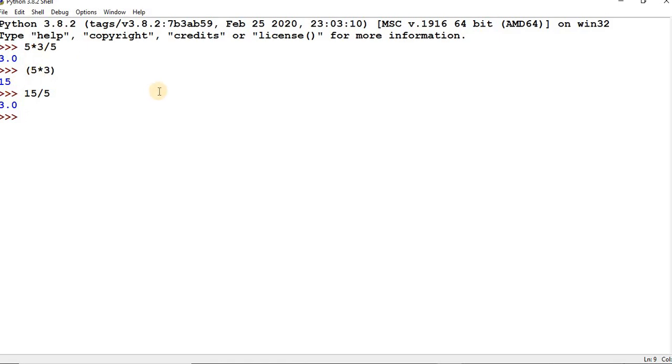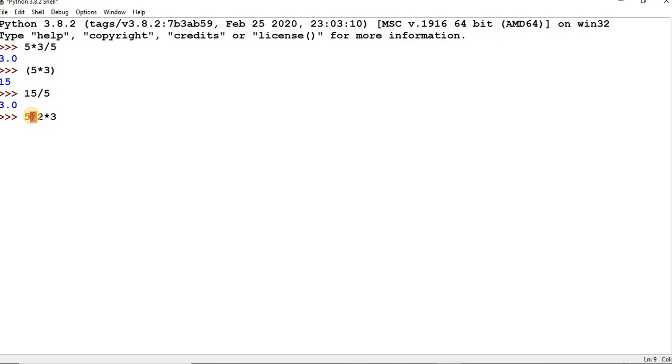And now suppose 5 divided by 2 multiplied by 3, suppose you form this expression. In this expression again there are division and multiplication, both operators having the same level of priority, so whichever appears on the left is evaluated first.